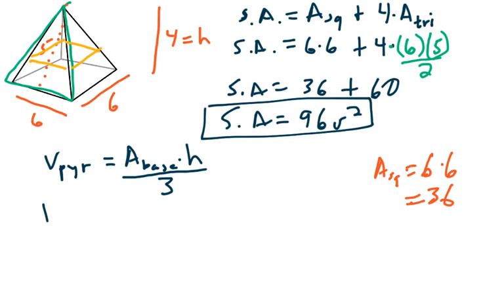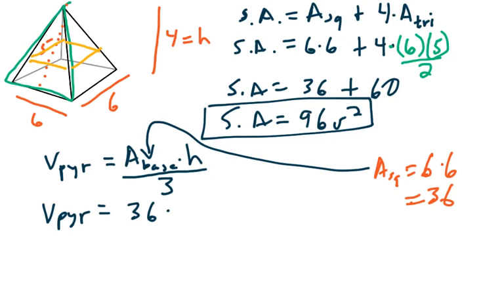So when I go and I put that back over here in the formula, I get the volume of the pyramid. Remember, we know this answer is 36 times the height of the object right here. Well, that's that guy. Not the height of the triangle on the side, but the height of the actual object, the vertical height of it, is 4 divided by 3.